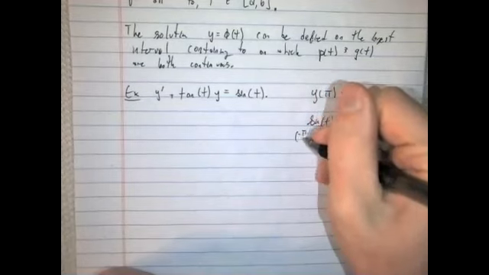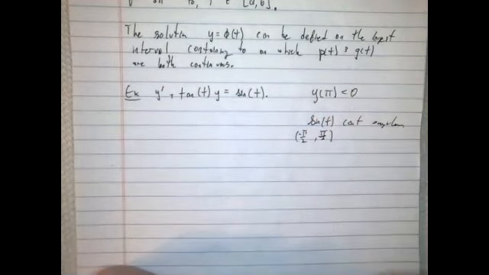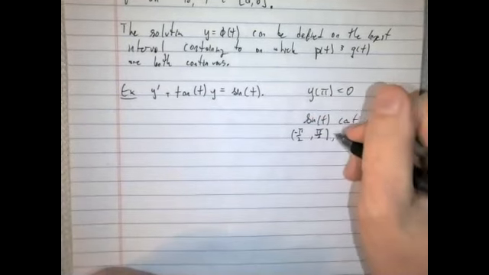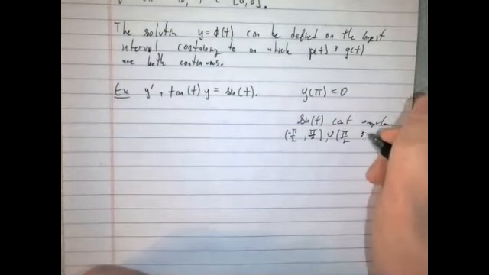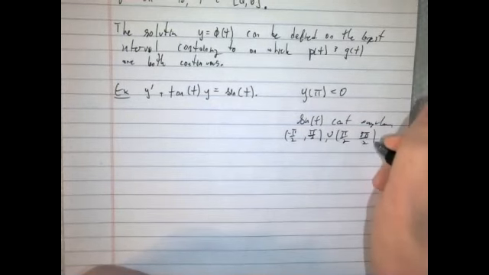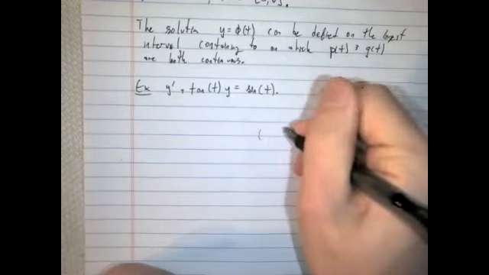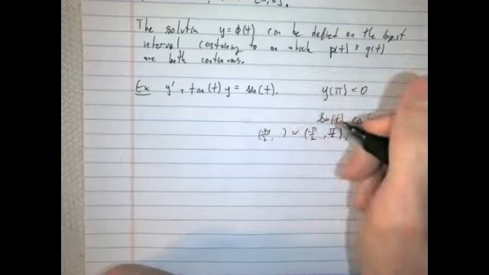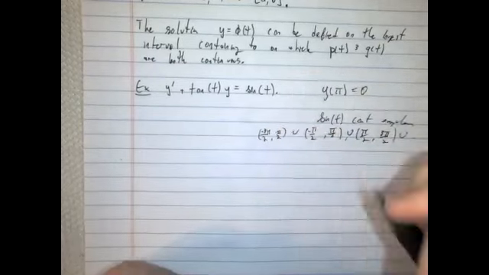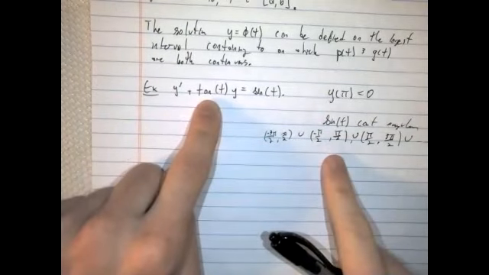It'll be continuous from negative pi over 2 all the way up to pi over 2, and then from pi over 2 all the way up to 3 pi over 2, and so on and so forth, and on intervals down here, like negative 3 pi over 2 to negative pi over 2. These are the intervals on which tangent of t is continuous.